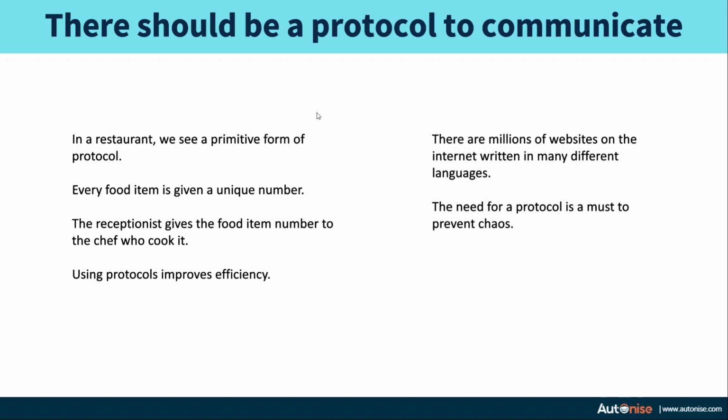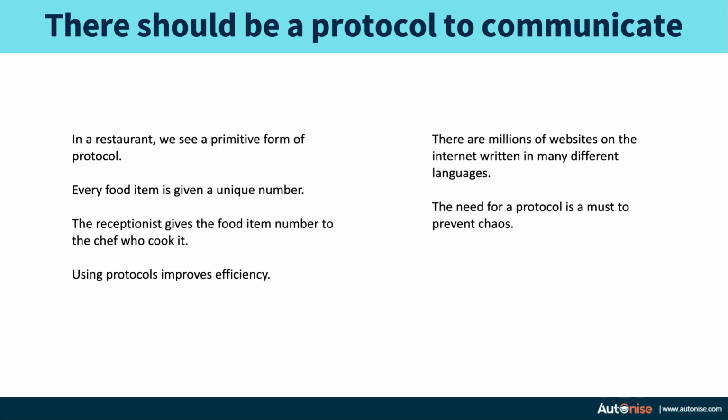When the client is communicating with the server, it needs to follow some protocols. Let's take an example of a restaurant over here. If the restaurant is very big, then they start building some protocols. Every food item is given a unique number. The waiters note down the food item number instead of writing the entire name of the food item.